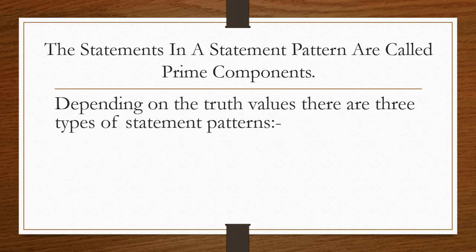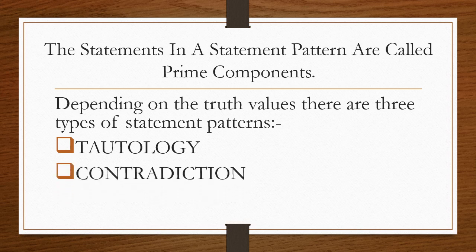These types are derived depending on the truth values of the statement patterns. There are three types. The first is tautology. That means if in all cases the statement pattern is true, then we call it a tautology. Next, if in all cases the truth value of the statement pattern is false, then it is called a contradiction.